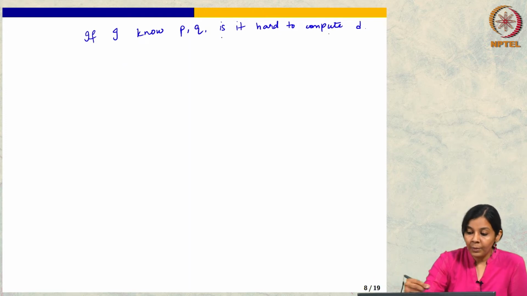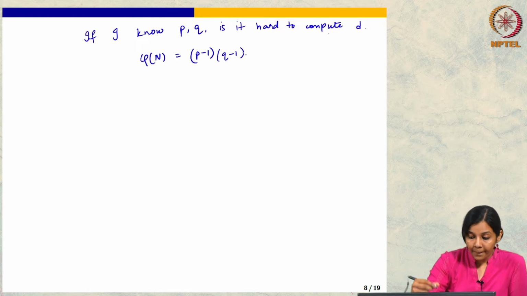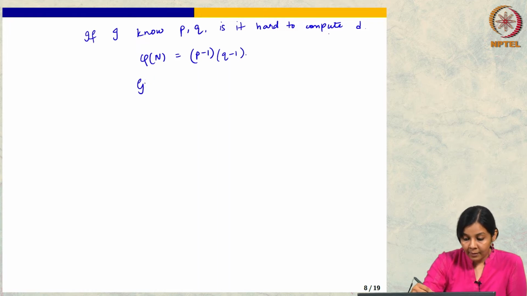If I know P and Q, then I can compute phi of n as P minus 1 times Q minus 1. Okay. I am given E, right.